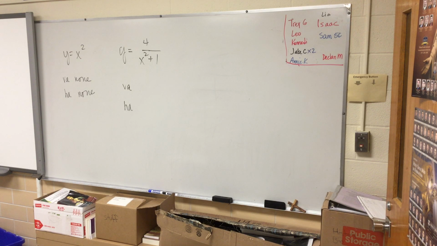Okay, so x can't be i, right? Something i. Am I worried about i's right now? Not in function land, I'm not. So if the only thing x can't be is i, then what does that mean about what x can be? Everything. Do I have a vertical asymptote? No.